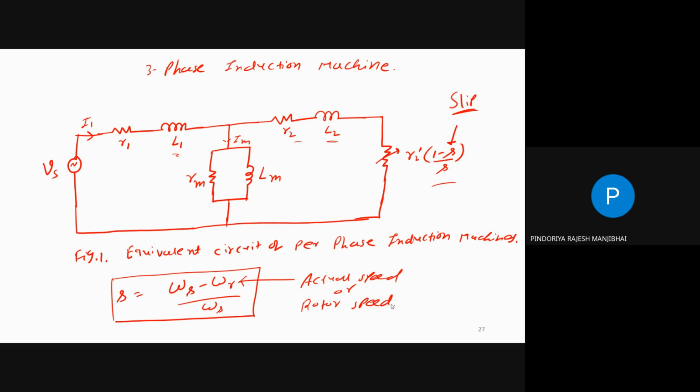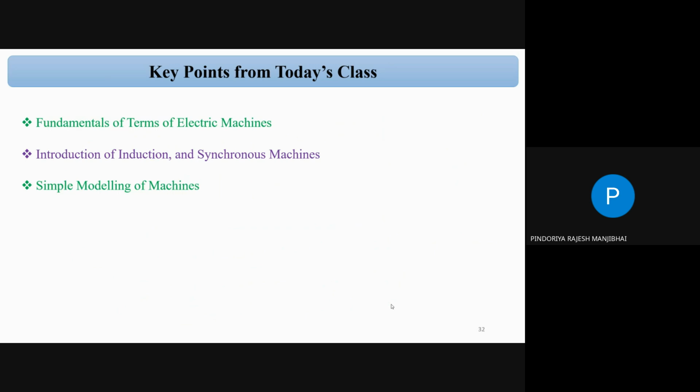Yes. So now I close this class here. Okay. So key points from today's class: the fundamental terms of electric machines and the introduction of the induction motor. The synchronous machine we will study in the next class. Correct? And simple modeling of the machines, so there are DC machines as well as induction machines.